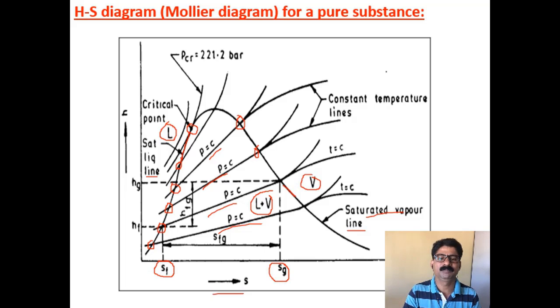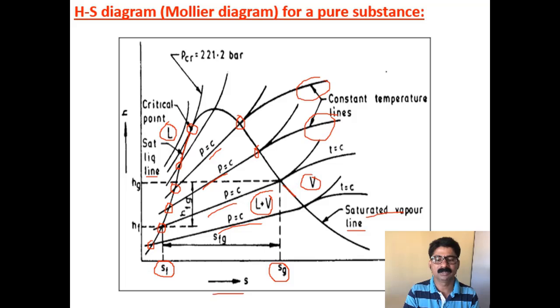Now, in the superheated region you also have constant temperature lines. If you want to mark a point in the superheated region, you need the pressure as well as the superheated temperature. Then only can you locate the point.